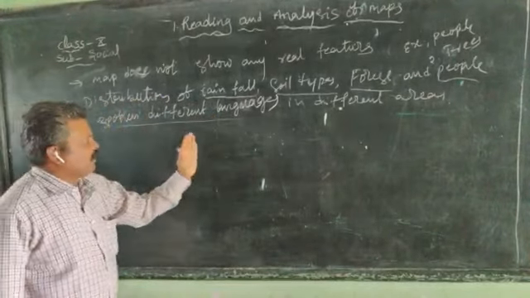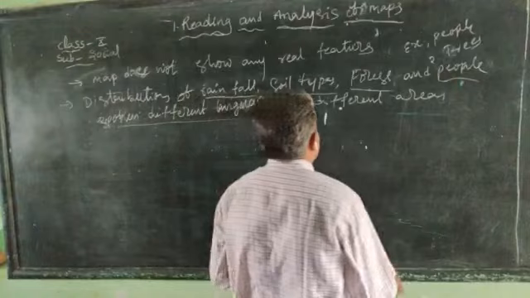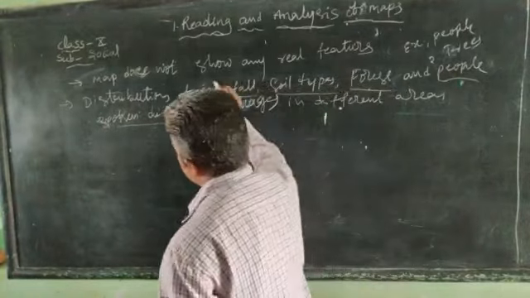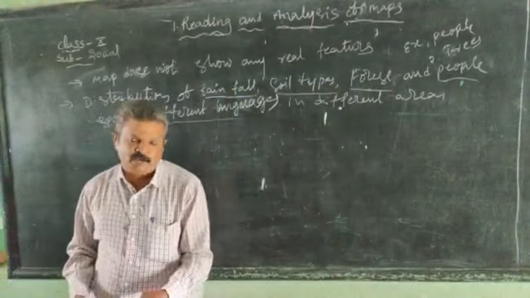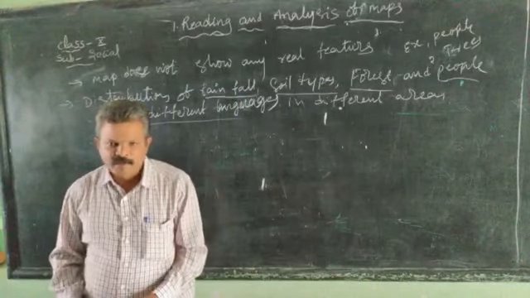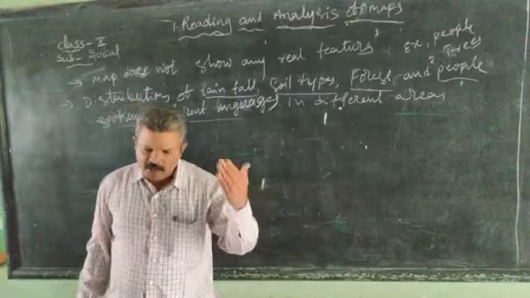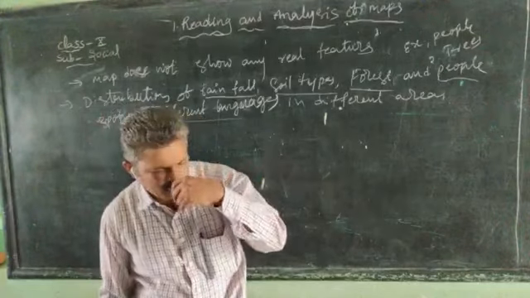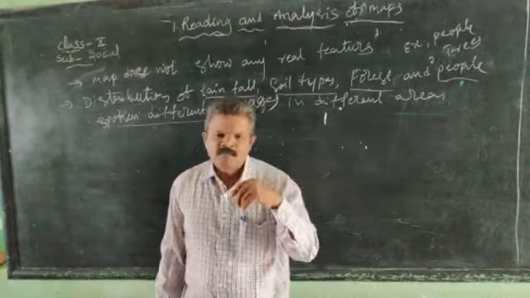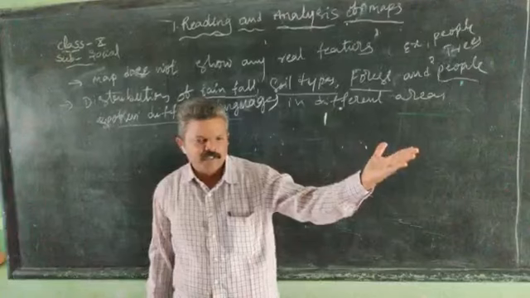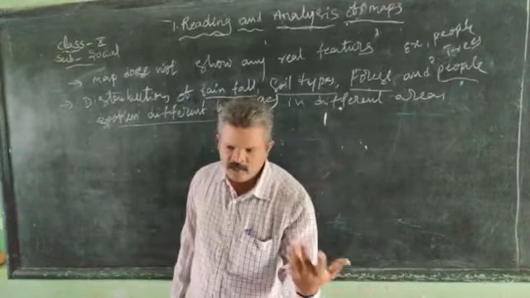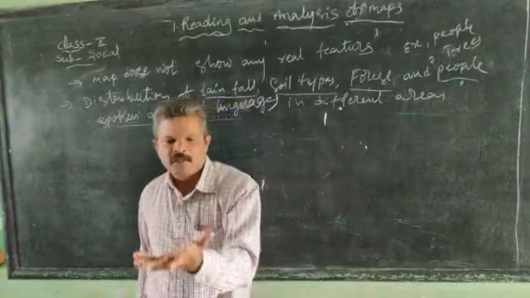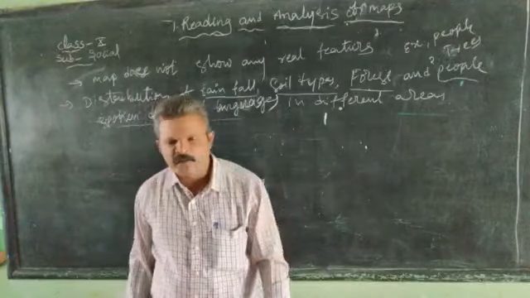They mention the real features and also the distribution of rainfall. We discussed in sister class also the coastal areas, Rayalaseema areas, north of Andhra Pradesh, south of Andhra Pradesh, and west of Andhra Pradesh.